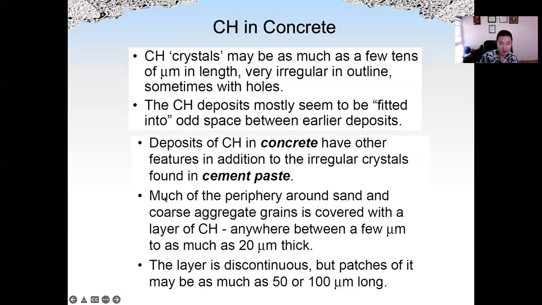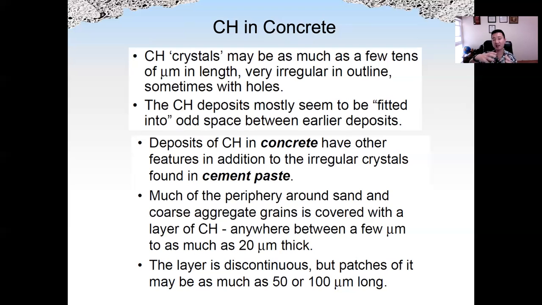Now look at here. So much of the periphery, the outside surface around the sand and of course aggregate, is covered with a layer of calcium hydroxide. The boundary between aggregate and cement paste, we call that ITZ, or interfacial transition zone.